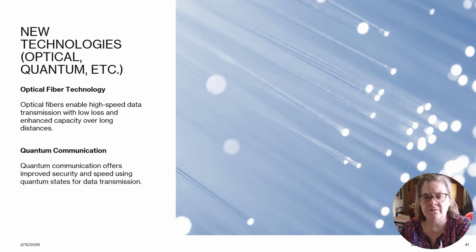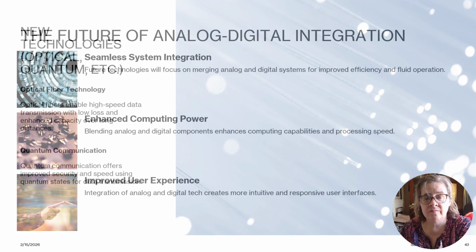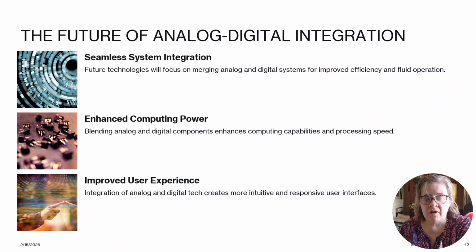Advancements like optical fibers and quantum computing offer promising improvements in speed, security, and capacity of data transmission. Continued innovation aims to blend analog and digital systems more seamlessly, enhancing computer capabilities and user experience.